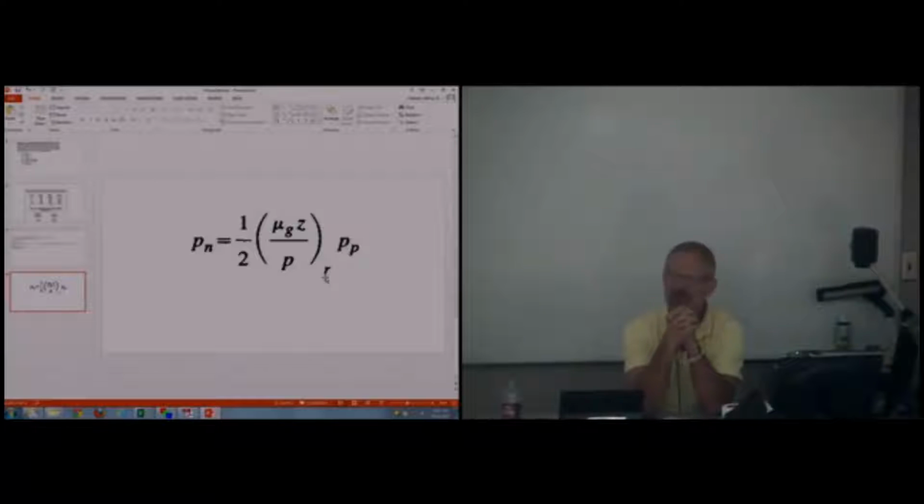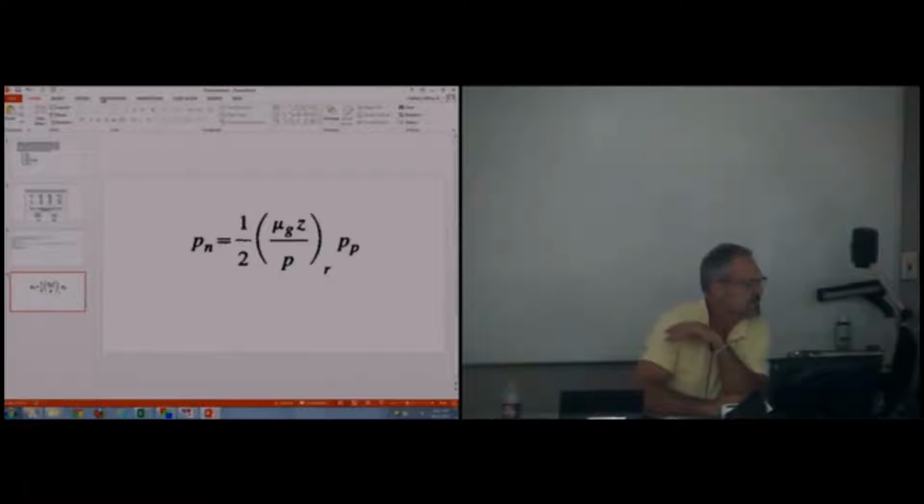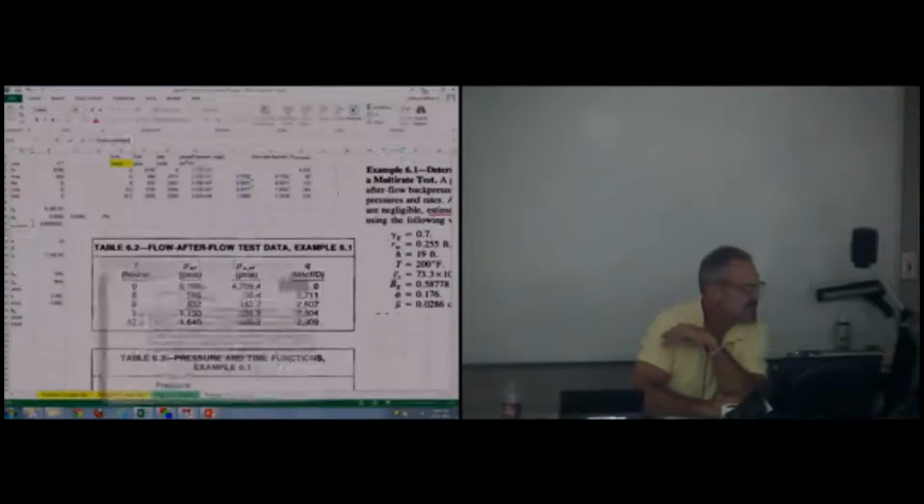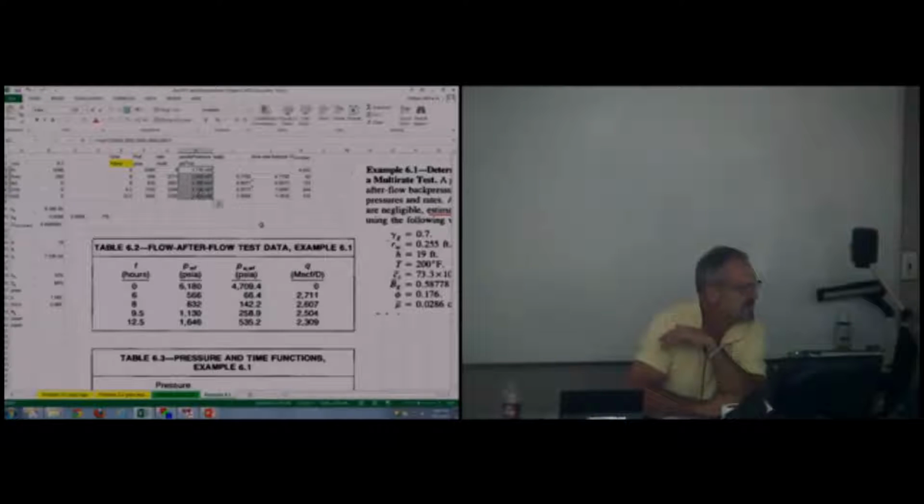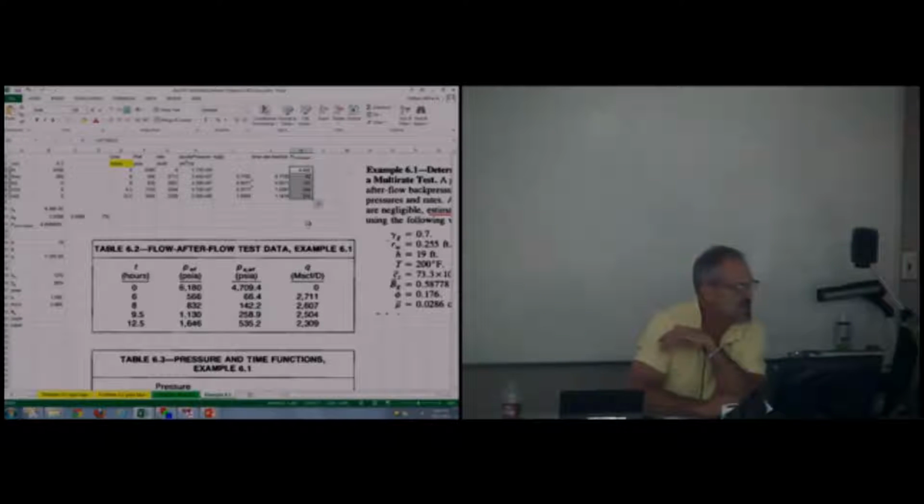So I don't like normalized pressure. We'll see why in a minute, but we're just going to do it. It's because some engineers don't like big numbers, like pseudopressure, and so they want to normalize it. You see how those numbers have the same magnitude as pressures.